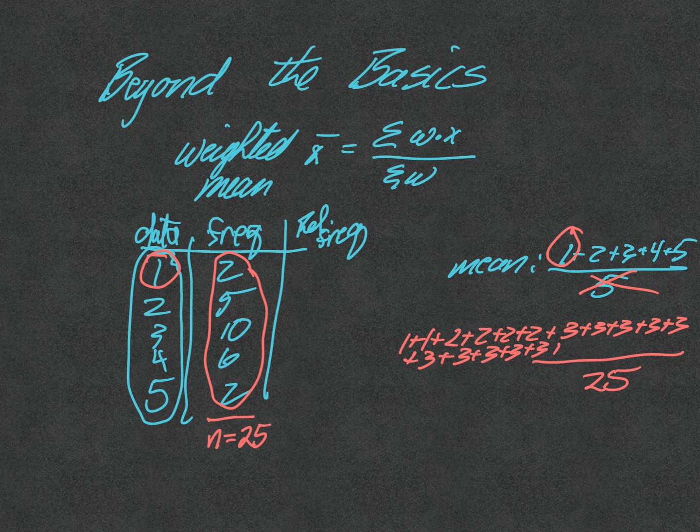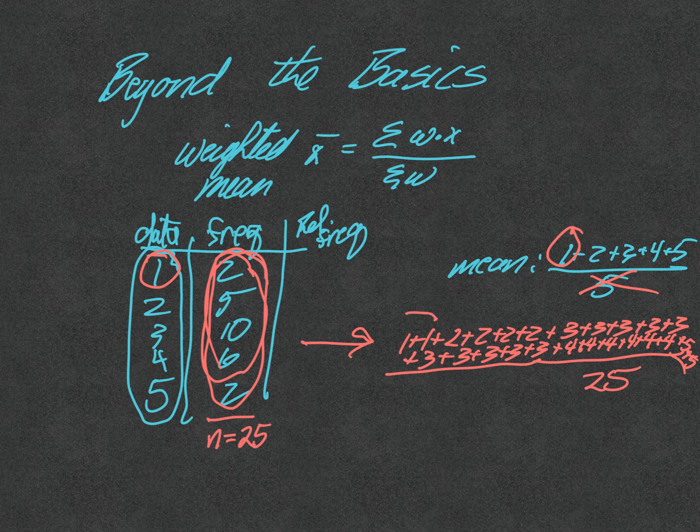And 6 4s. And 2 5s. So I need to keep track of the frequency of these numbers in some way. And here's what the real weighted mean is. And you go, oh my gosh, I've got to add all those numbers.